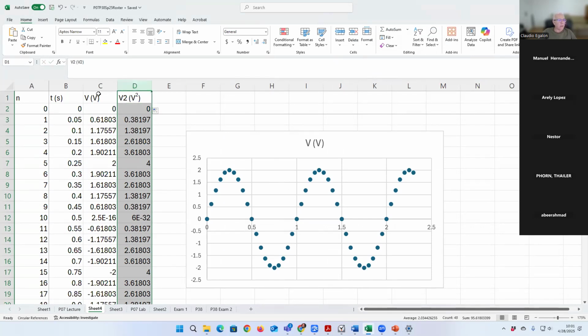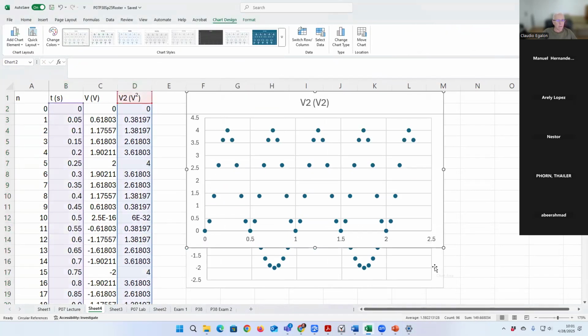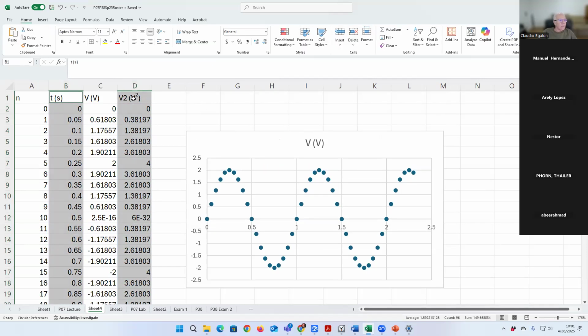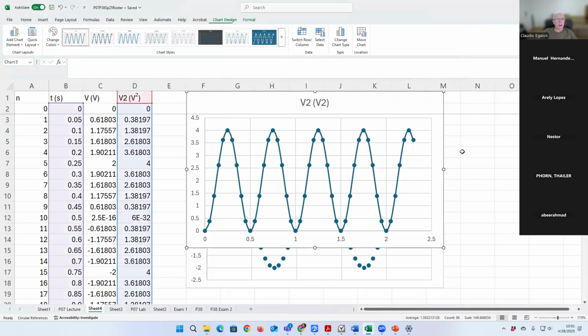Let's plot this new function now. That's how it looks. I'm going to do better than that. Better.